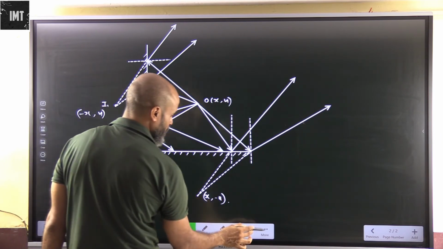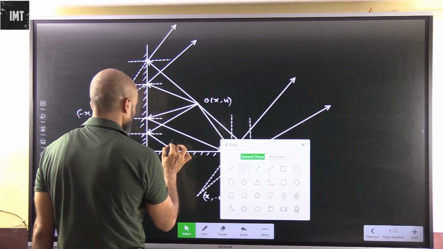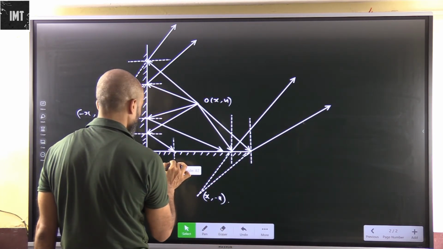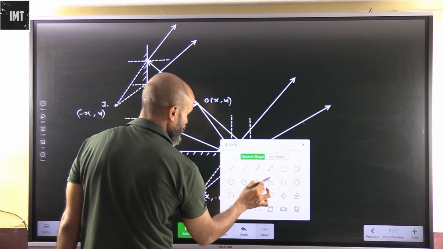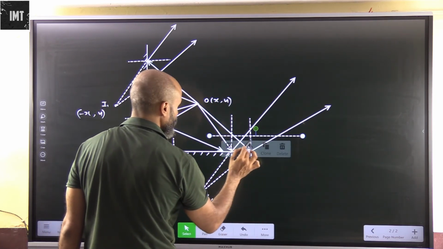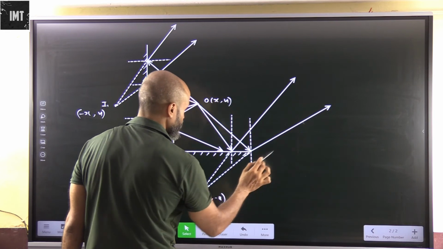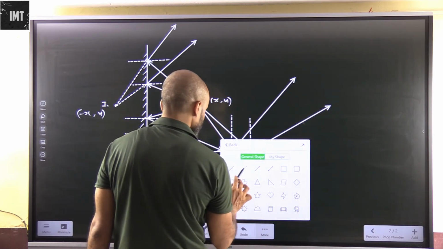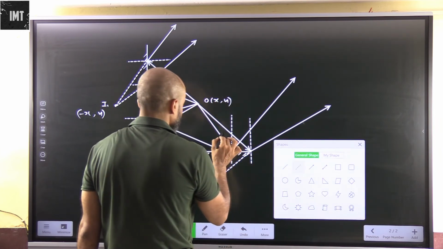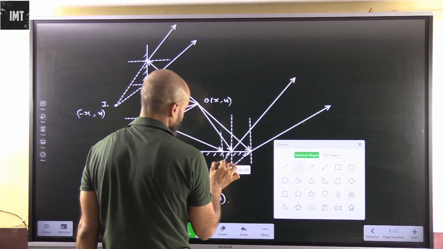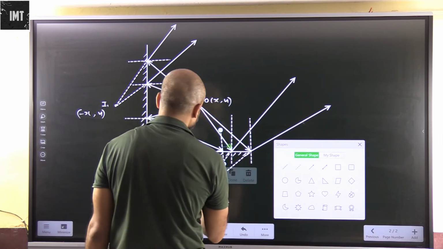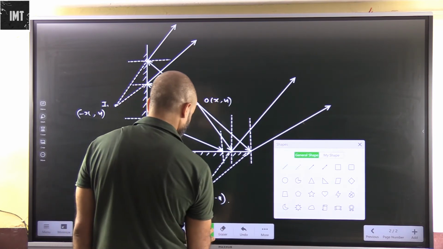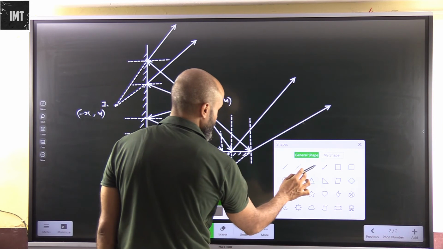Now if I happen to draw normals here, should I select another color, because it's getting a little confusing.